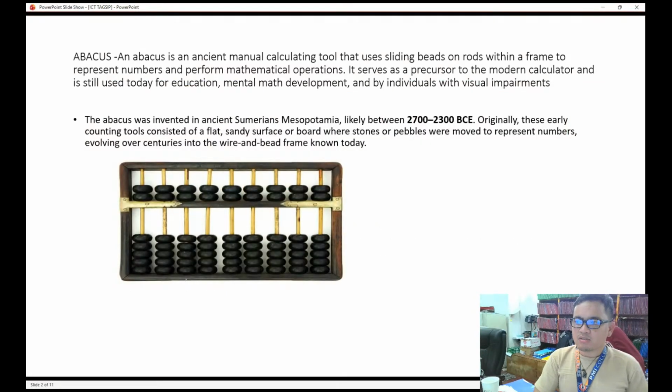Yes, the abacus is a manual calculating tool that uses sliding beads. These are the beads, these black stones, as shown in the illustration. It uses sliding beads and rods within a frame to represent numbers and perform mathematical operations.